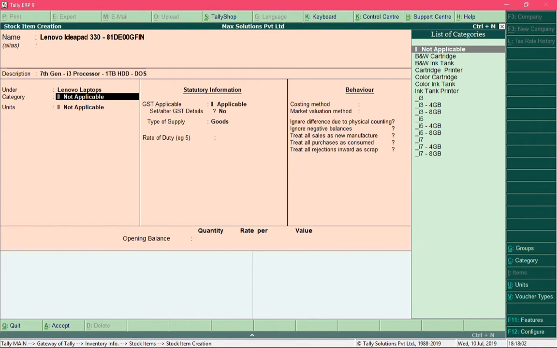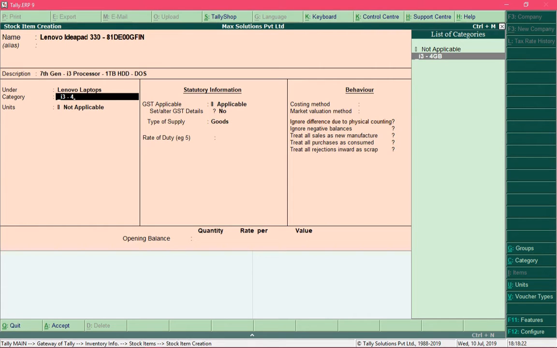In the field category, you need to specify the category of this product. So we know that this product comes with a i3 processor, and assume that it also comes with 4 GB of installed RAM. So in that case the appropriate category would be i3 with 4 GB of RAM.